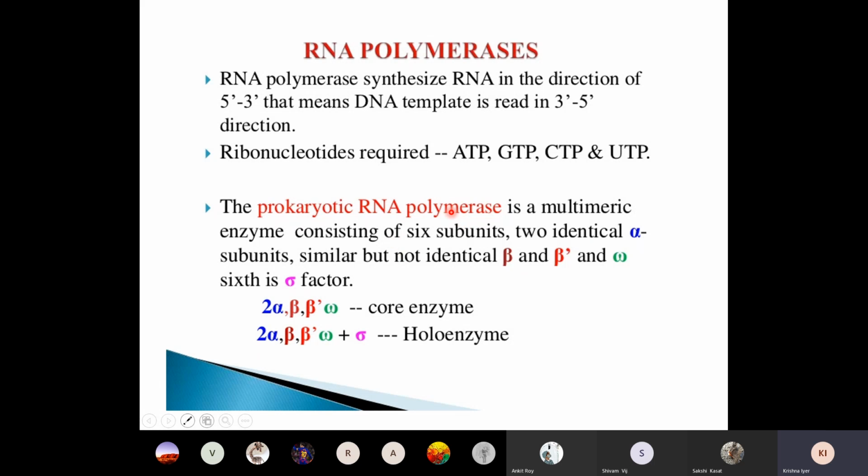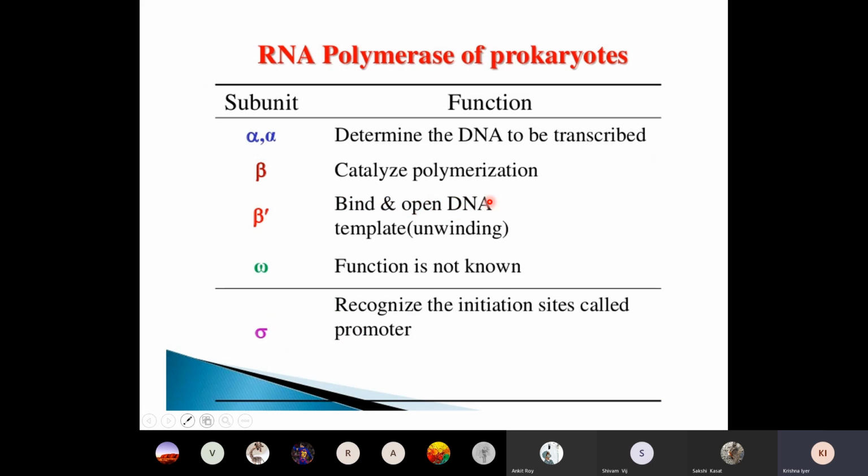It contains 6 subunits, out of which there are 2 identical alpha ones, and then similar but not identical beta, shown here as beta and beta prime, and then an omega and a sigma factor. So 2 alpha, beta, beta prime, and omega make the core enzyme, and then you add the sigma and you get the functional holoenzyme. And that is shown here also.